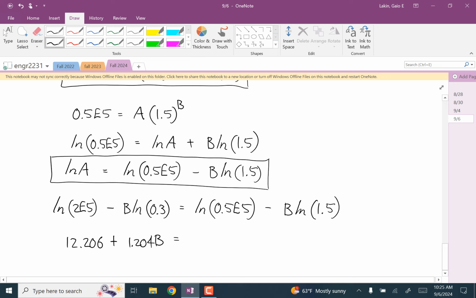And now the right side, natural log of 0.5 times 10 to the 5th is 10.820 minus 0.405B.